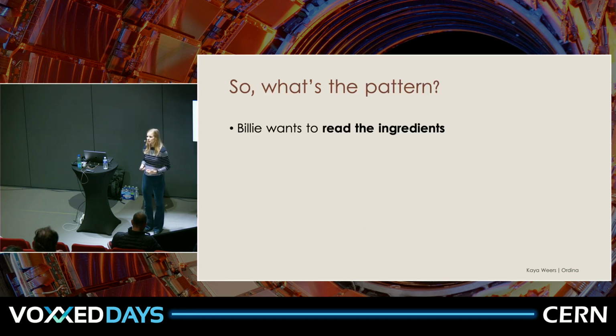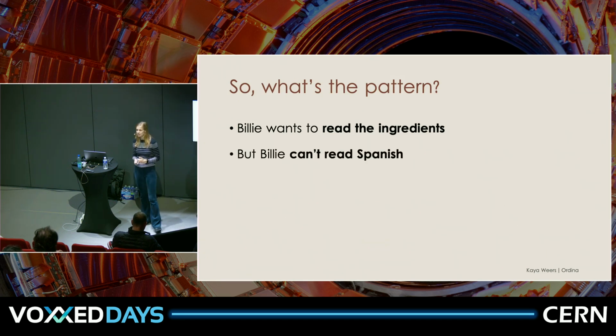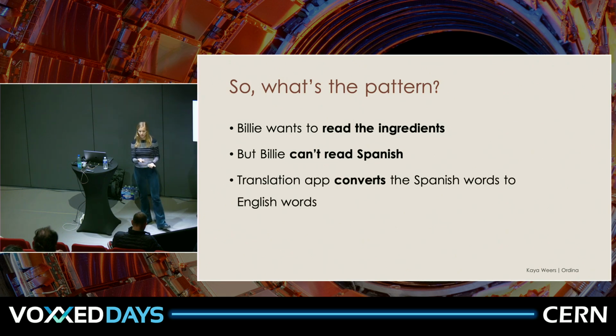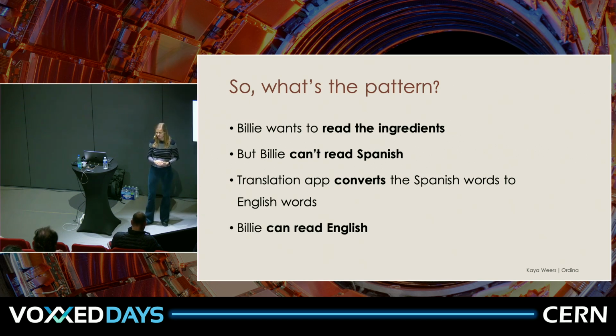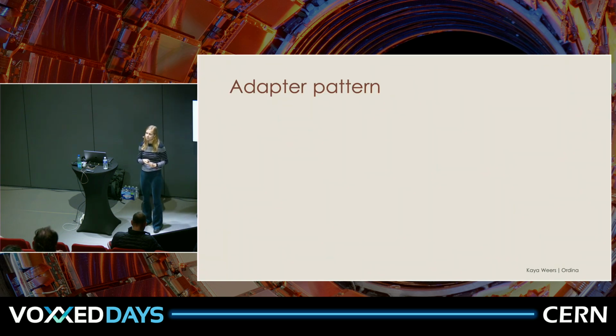So what we saw is Billie wants to read the ingredients, but they're in Spanish, and she can't read that. Then she uses the translation app, which converts it to English, and she can read English, so now she can see what the ingredients are. And this pattern is called the adapter.